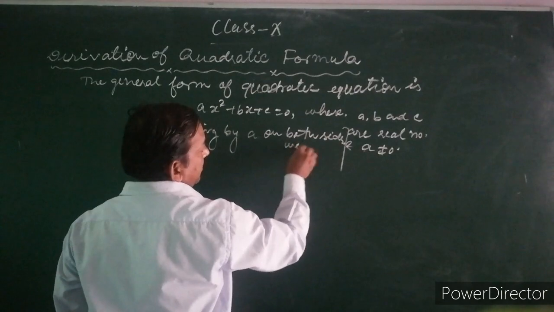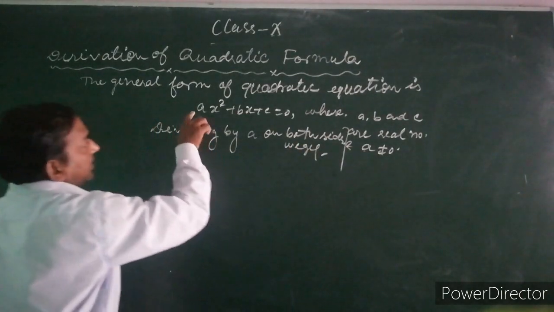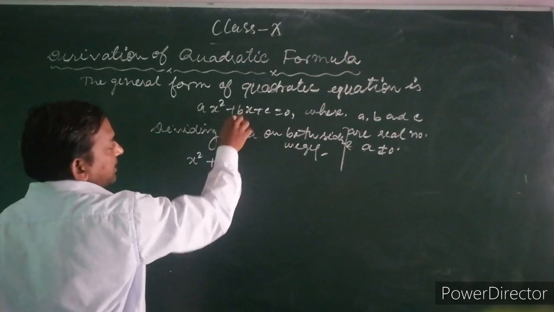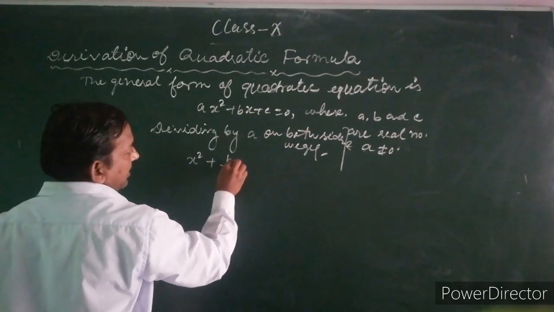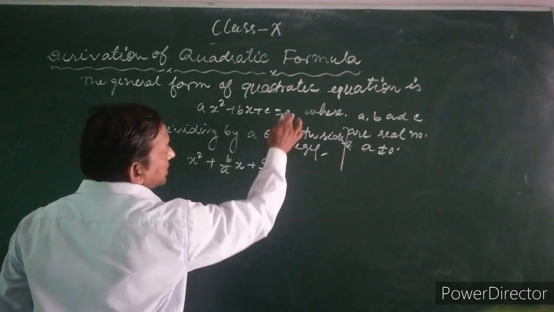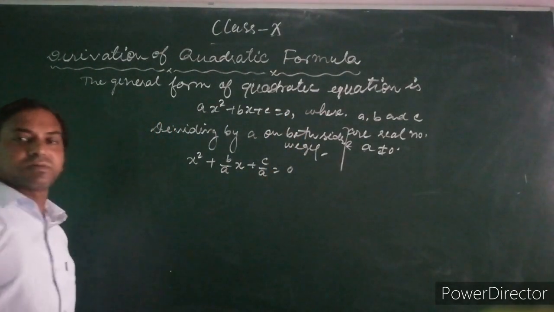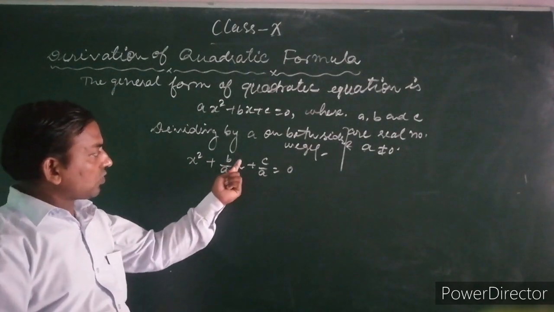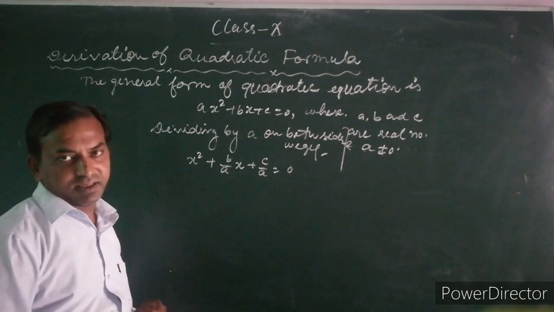We get ax square divided by a, so x square plus b upon a x plus c upon a equal to 0 upon a, which is equal to 0. Clear? Here we observe that the coefficient of x is b upon a.